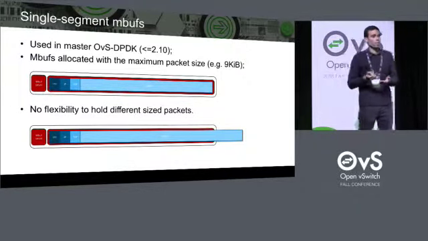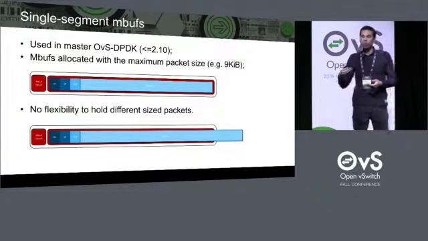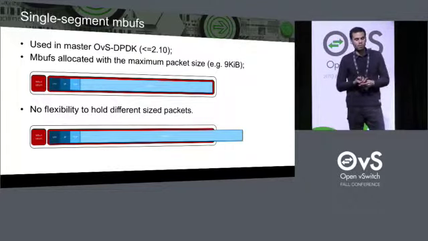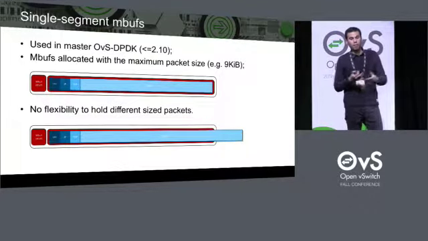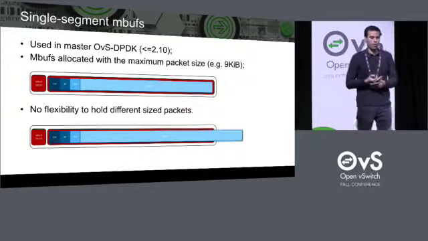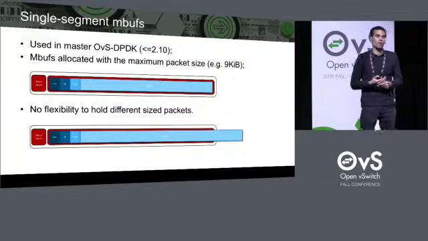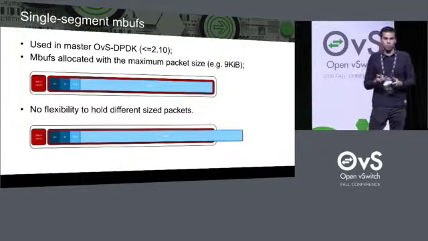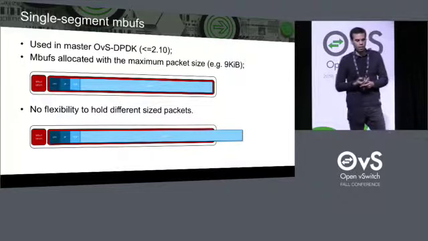However, this doesn't bring much flexibility, since if a smaller packet is coming on the wire, then we're going to be wasting space, since we have larger MBUFs allocated. And in the worst case scenario, if a larger packet is coming on the wire, then we're going to have to drop that packet, since we have no MBUF actually capable of holding it.